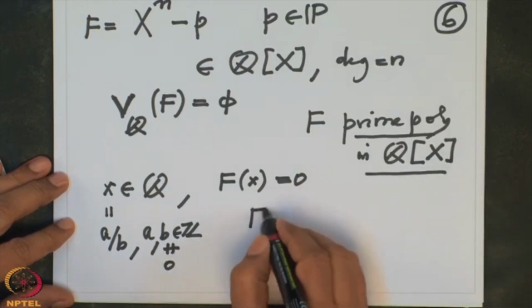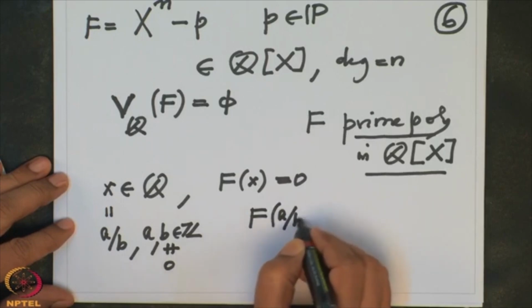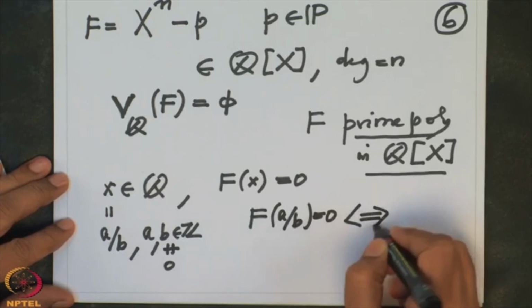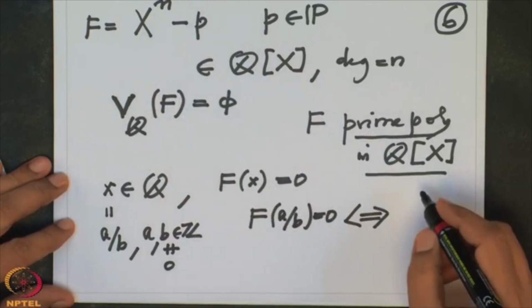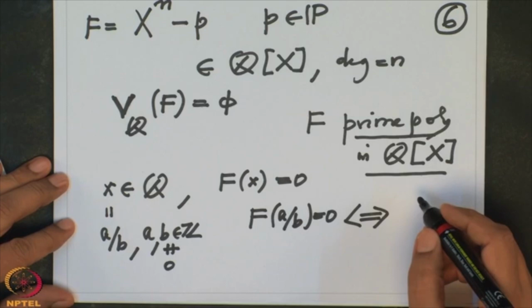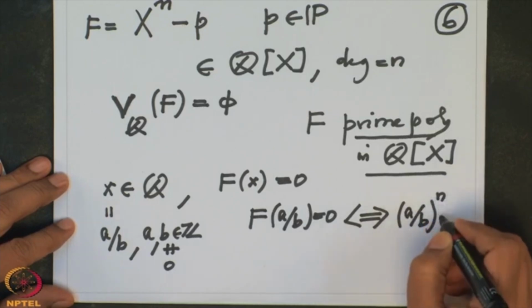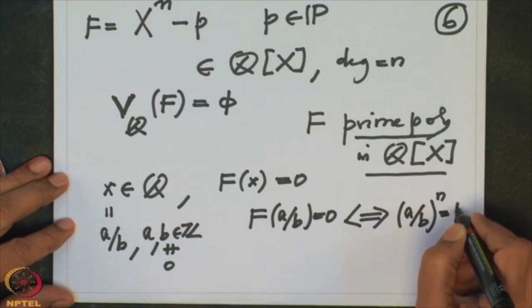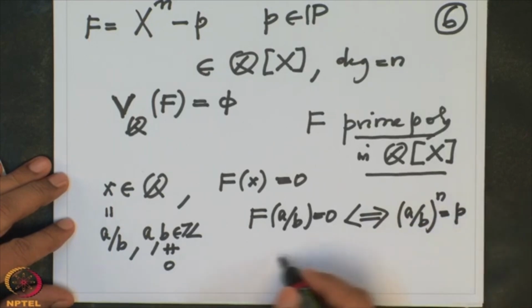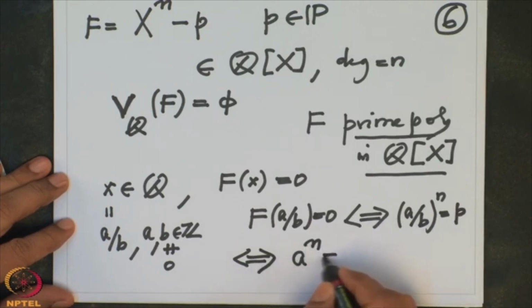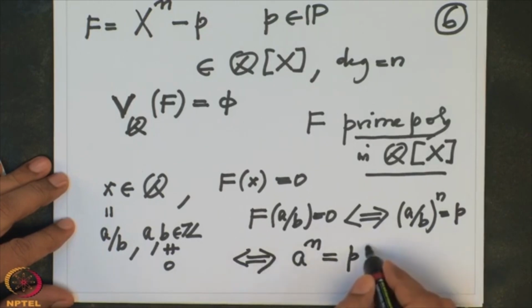If f(a/b) is 0, that is equivalent to saying when I plug capital X equal to a by b, it becomes 0. So (a/b) to the n minus p equals 0, where p is a prime number, but that equation is equivalent to saying a to the n equals p times b to the n.